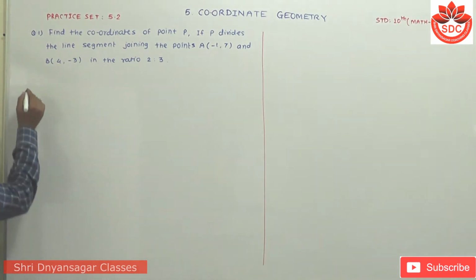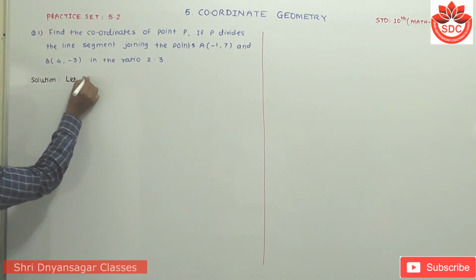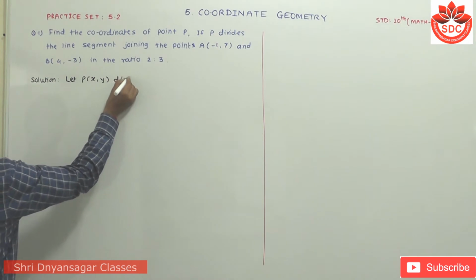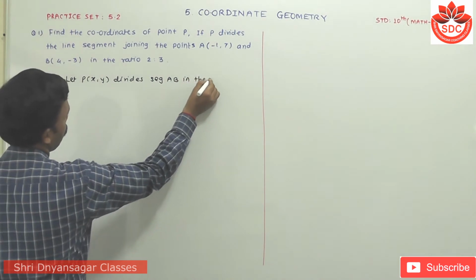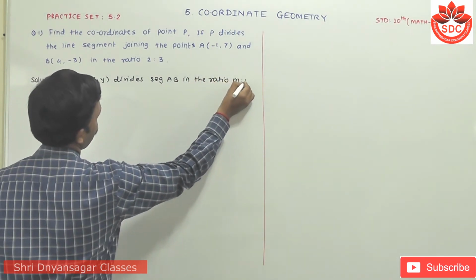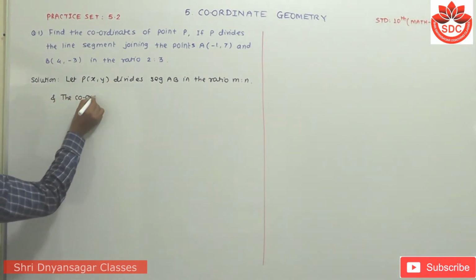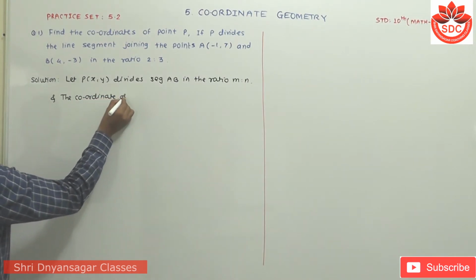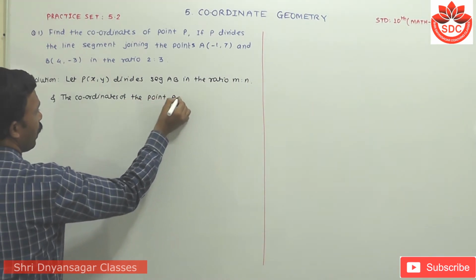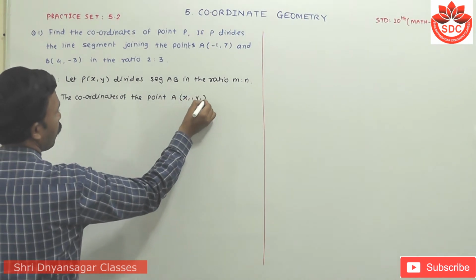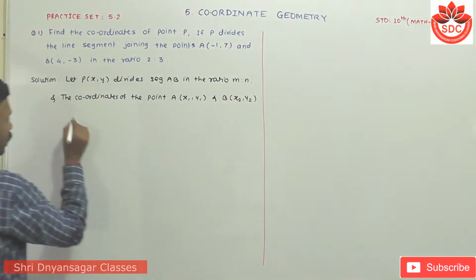Now students, its solution is: let P(x, y) divide segment AB in the ratio m is to n, and the coordinates of the points A be (x1, y1) and B be (x2, y2) respectively.